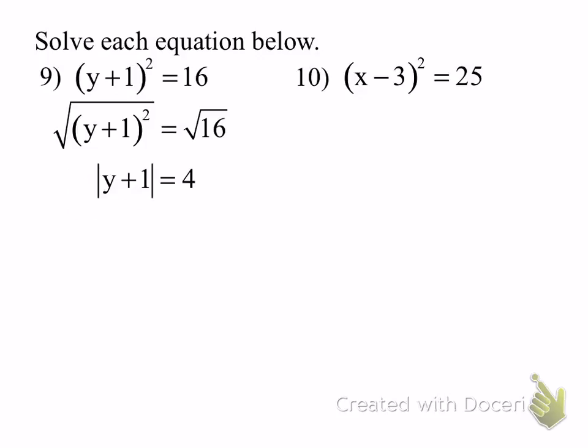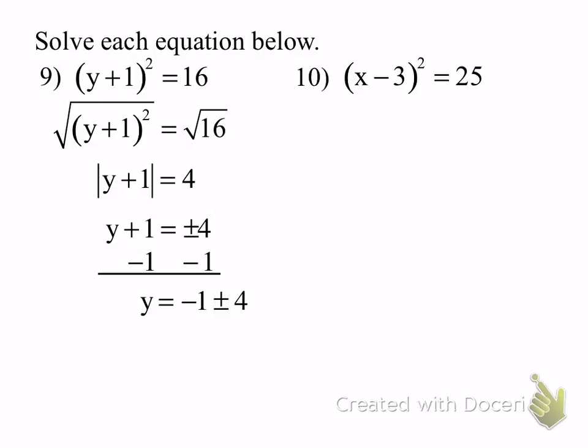How do I lose the absolute value? You add the plus or minus, so y plus 1 is equal to plus or minus 4. And that means what? No, not y equals 5. Y plus 1 equals positive 4, or y plus 1 equals minus 4. Or we can just subtract 1 first.